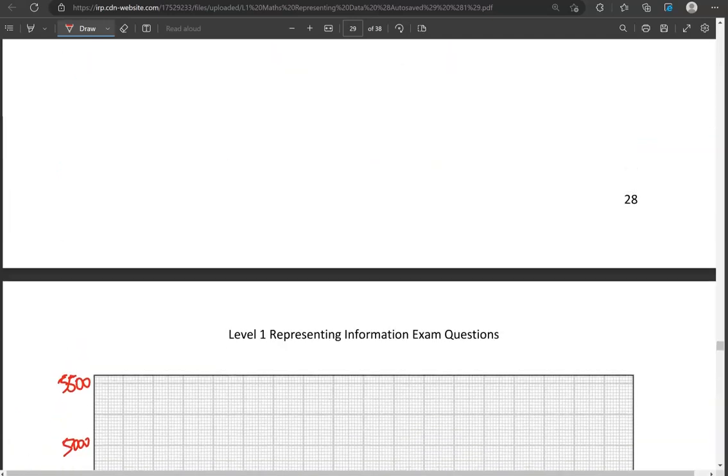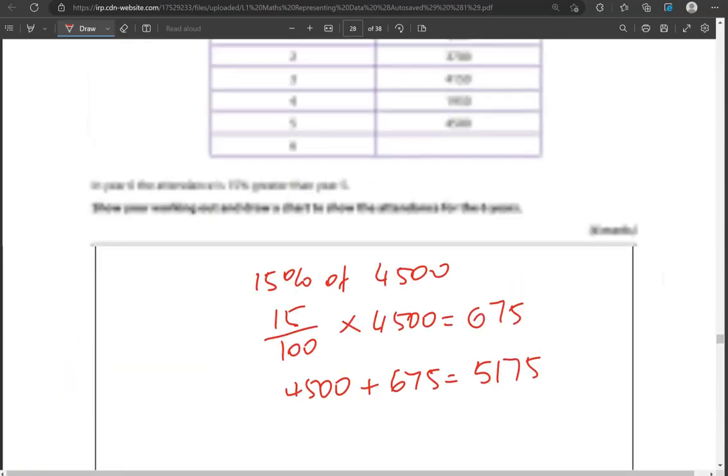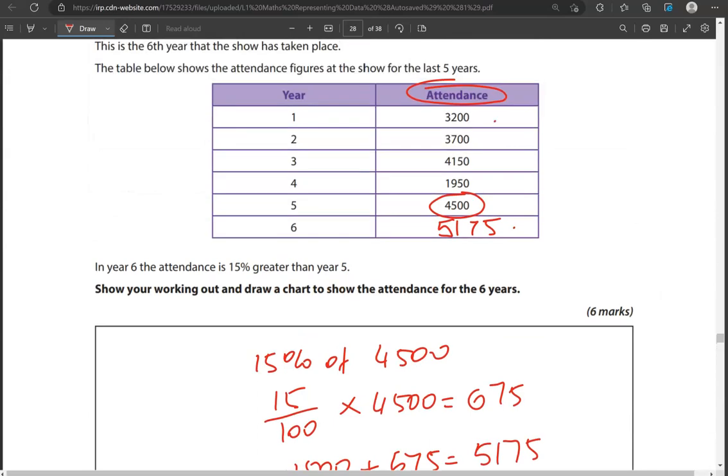So we'll start plotting now. Year 1, 3,200.